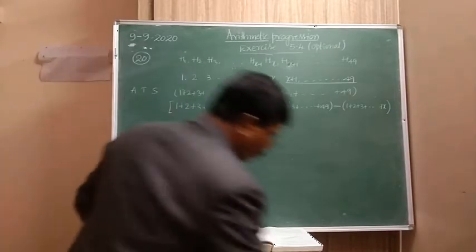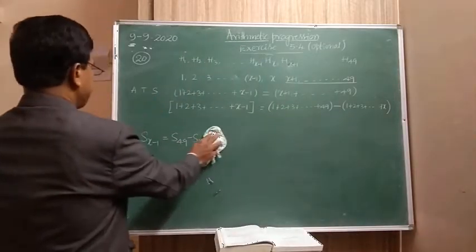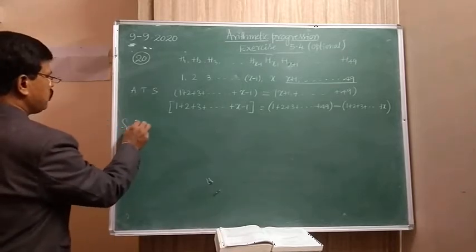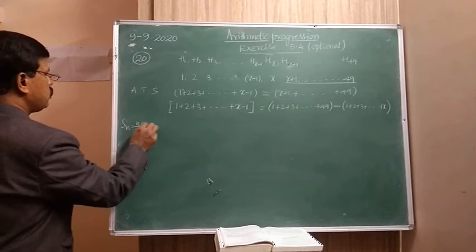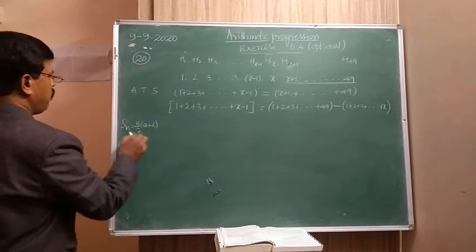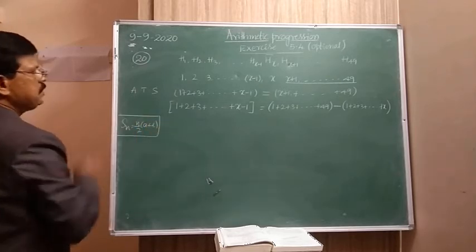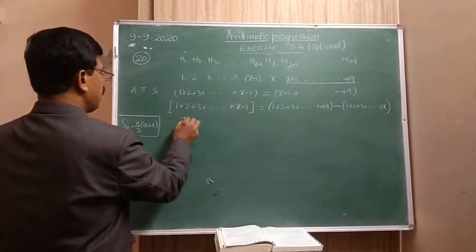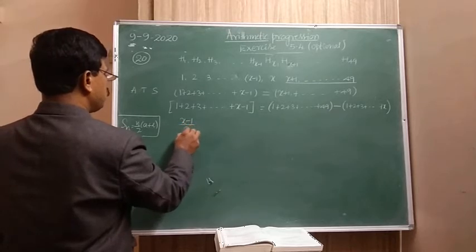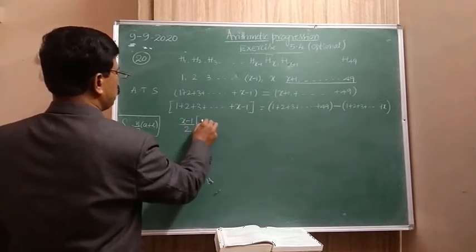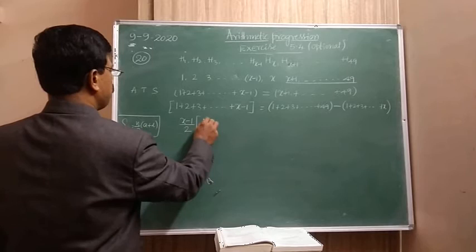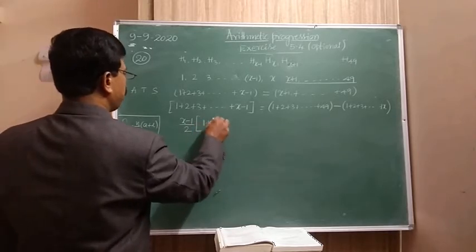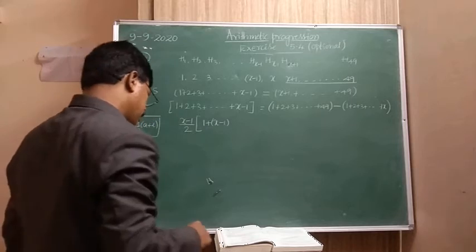Now apply the formula. That means Sn is equal to n by 2 into (a plus L). Apply this formula, then what are we going to get here? n means x minus 1, by 2, into a value 1 plus L, which is x minus 1. Is it right?